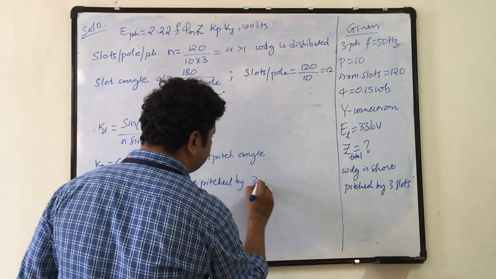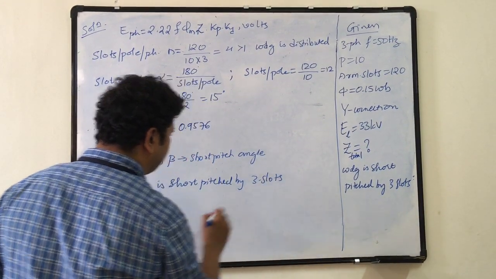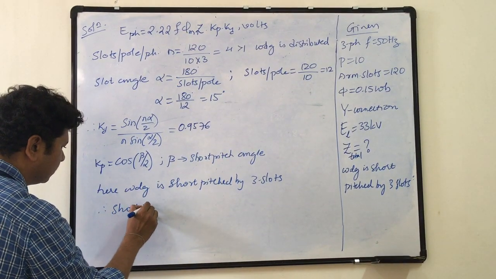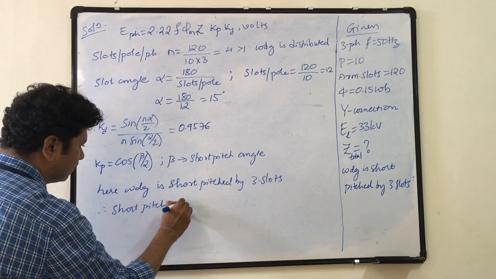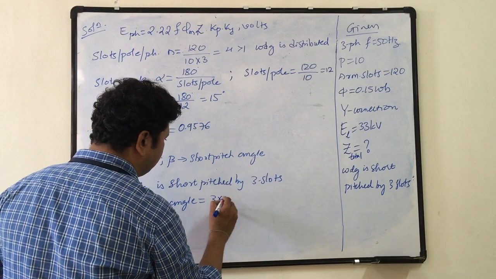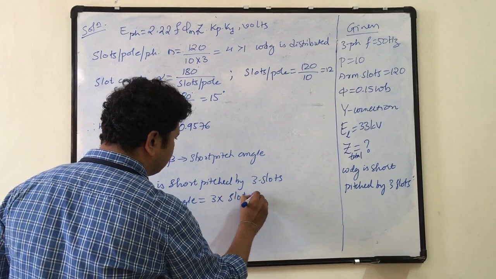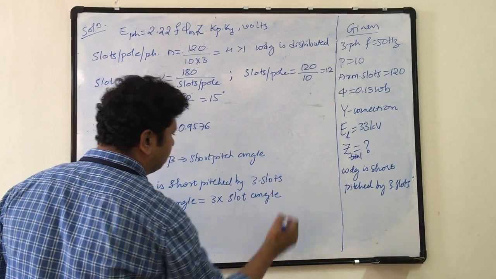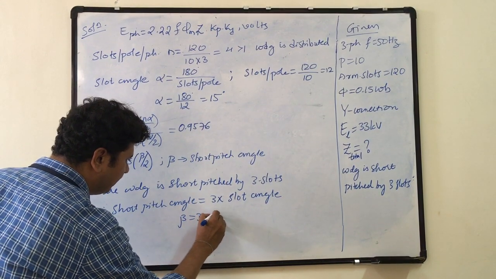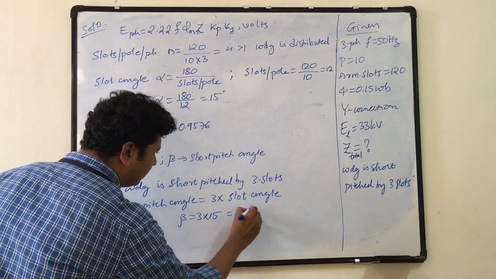Therefore, short pitch angle is equal to 3 into the slot angle. That is, beta is 3 into 15, which is equal to 45 degrees.